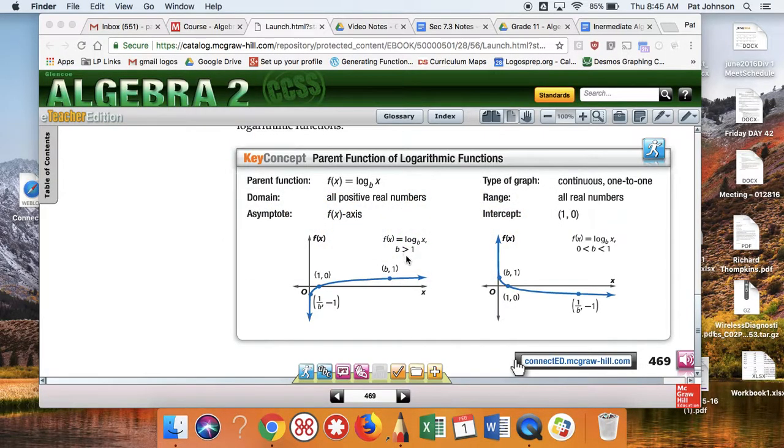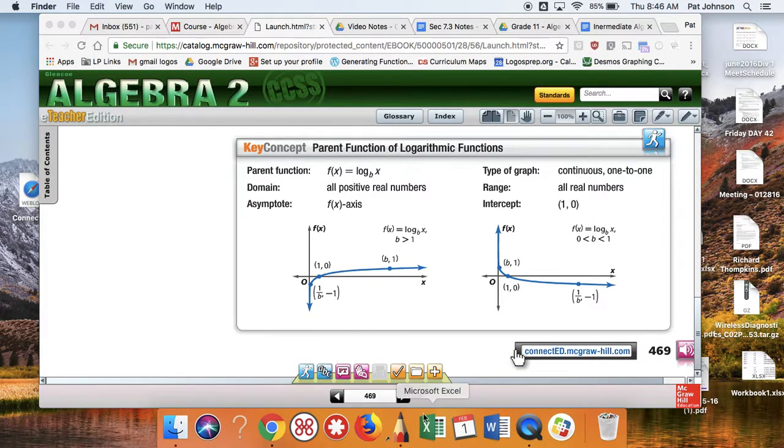Now, again, you have two things. So remember, when b, the base, is greater than 1, our function, y, f of x, increases as x increases. And when b is between 0 and 1, when it's a proper fraction, f of x decreases as x increases.